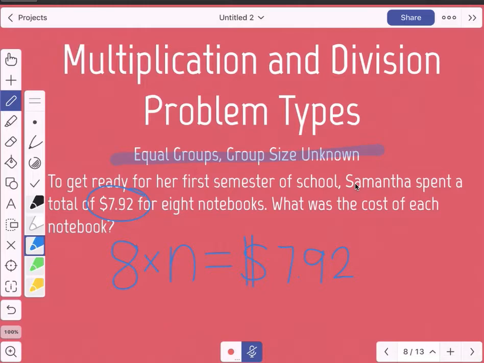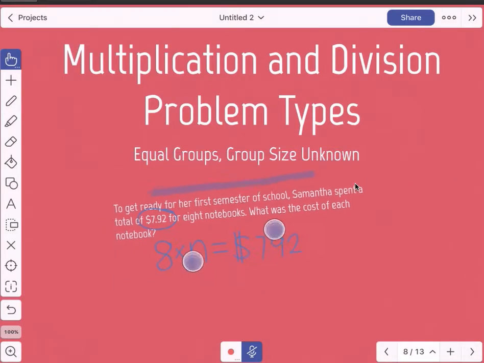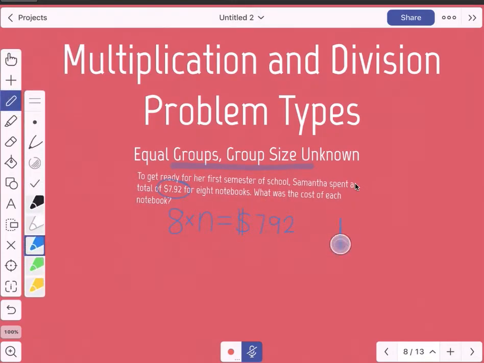So I know I'm going to divide, because this is one of those problems where if I use the inverse operation, I'm going to be able to find that variable.